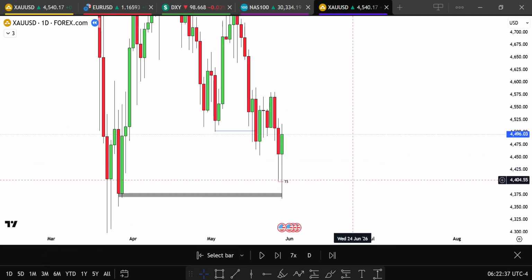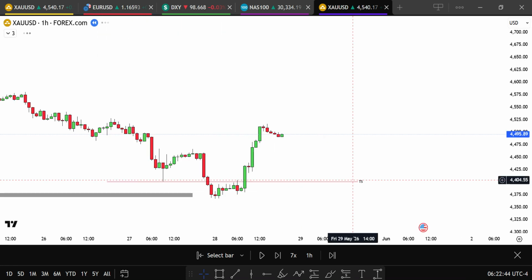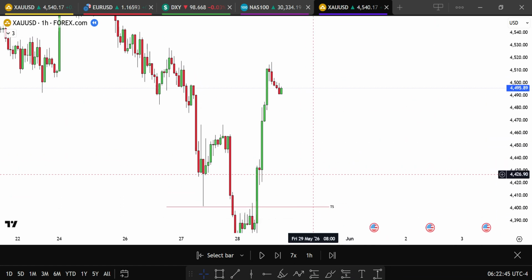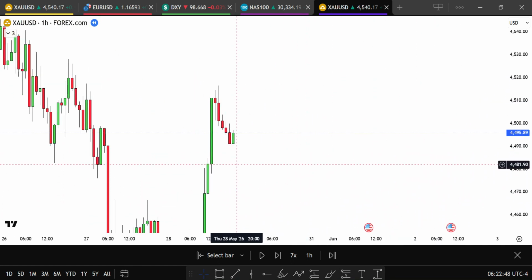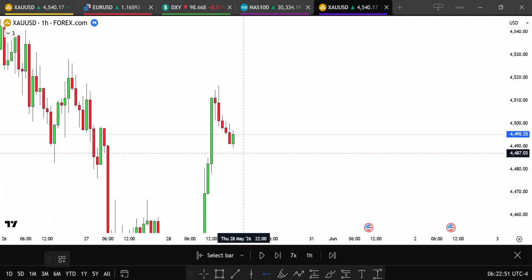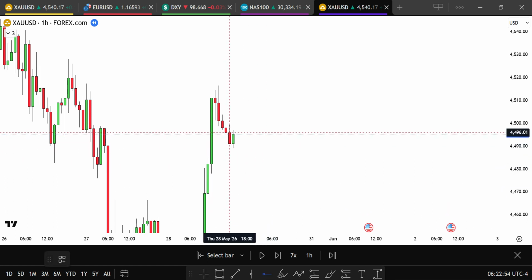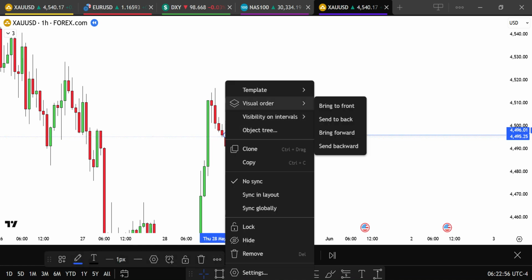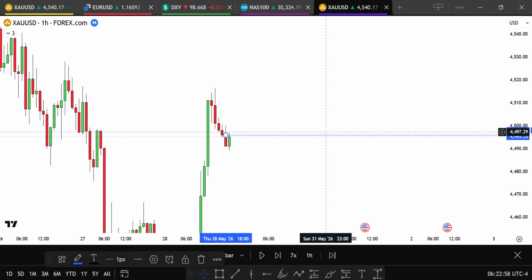So what I did, I always wait for the Asian session to close so that we can get an opportunity for the entry, right? So after that, on the new day, I mark the candle where the daily candle started. This is the zone where the daily candle started. I mark this daily candle opening level.